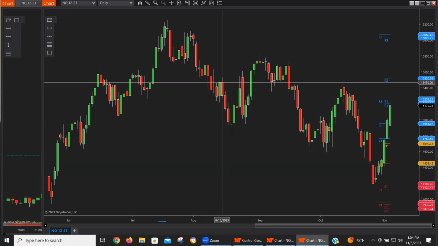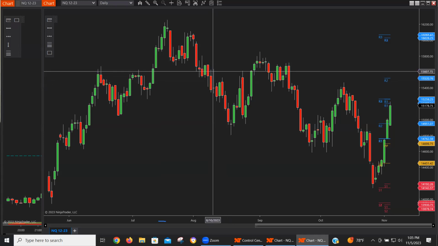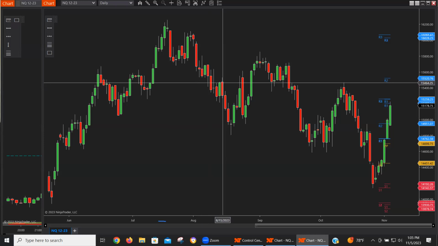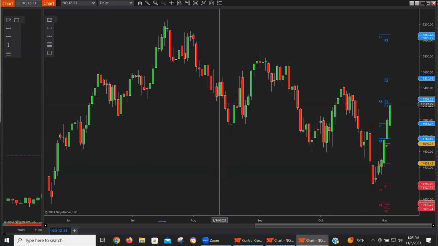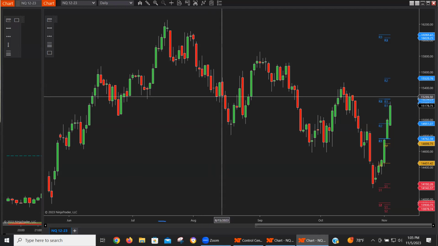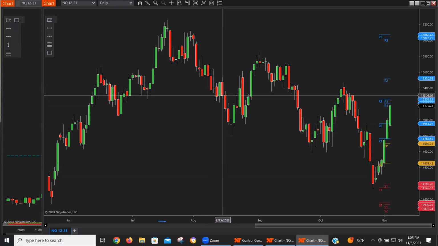So in this case, the market came up, decided not to go get any liquidity above it, but decided to come down back into the range of the previous day's candle. Didn't get all the way down here, but it closed inside the range. So basically it grabbed the liquidity of the previous day, came back into the range and closed. Well, what happened the next day?